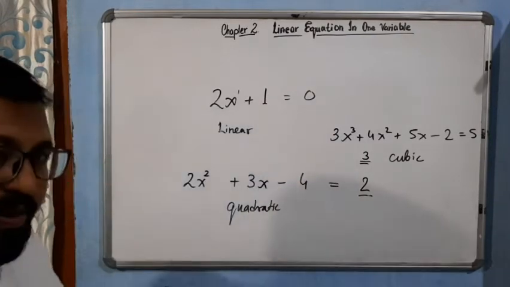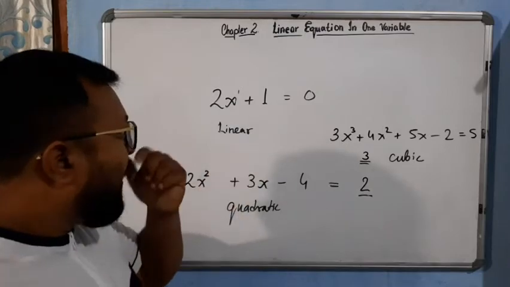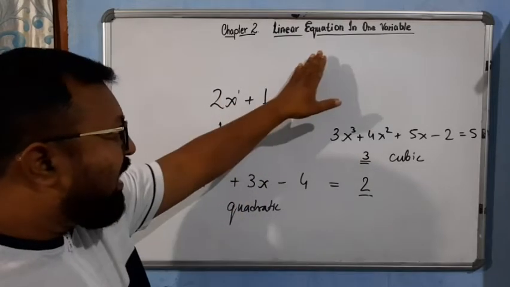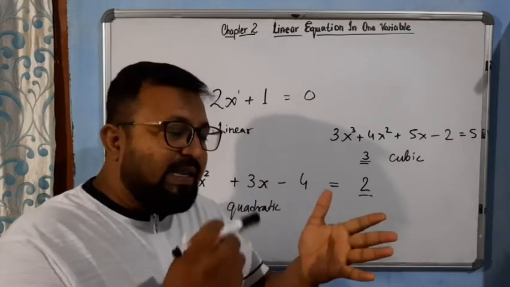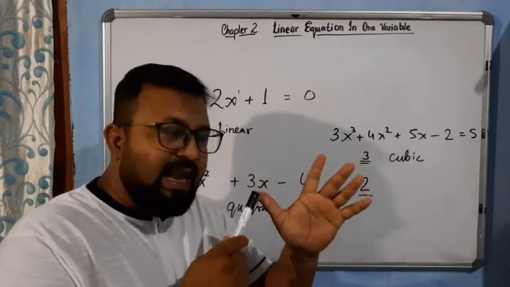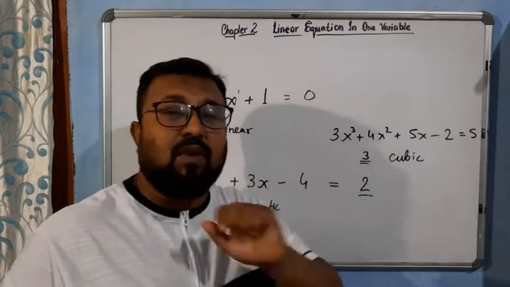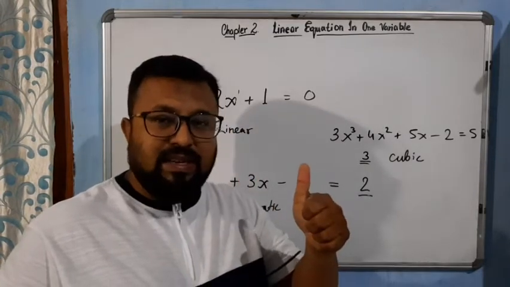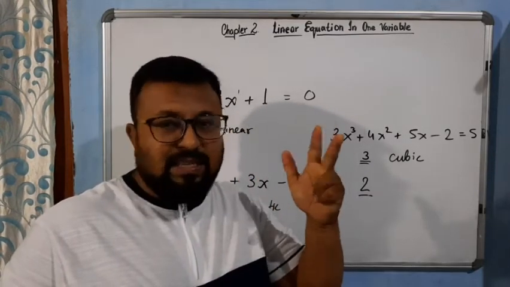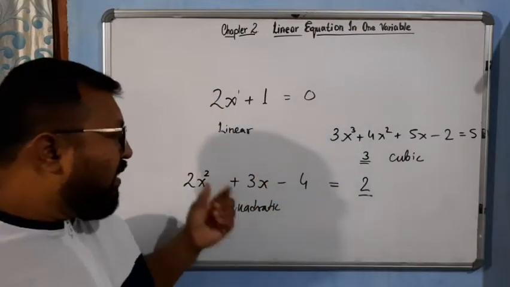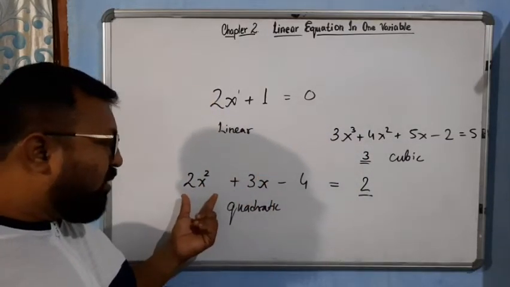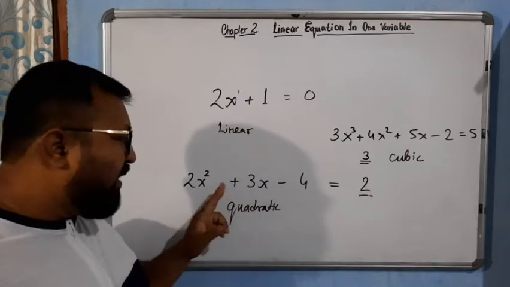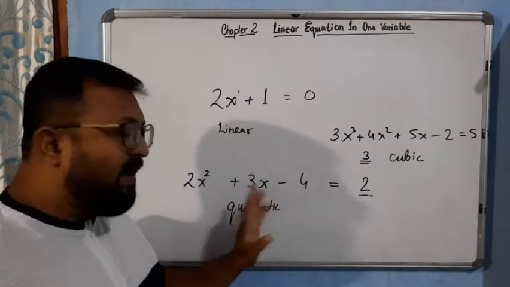I hope you have understood this part very nicely. First I told you, when we talk about a variable, what is an expression? It is the combination of constants and variables by using the basic four operators: division, multiplication, addition, subtraction. Now we came to the topic of terms, and terms are separated by the plus and minus sign.